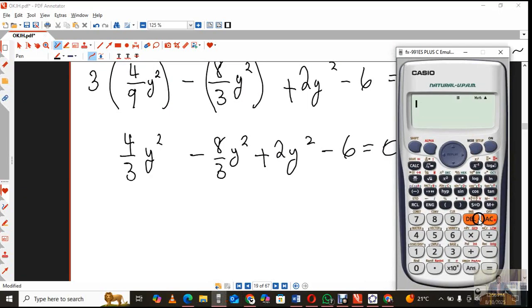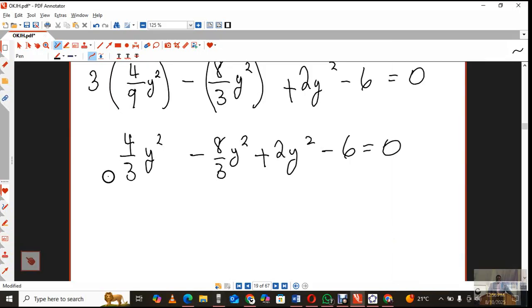So let's just add those coefficients. 4 over 3 minus 8 over 3 plus 2. We get 2 over 3. There we go. So this gives us 2 over 3 y squared minus 6 is equal to 0.